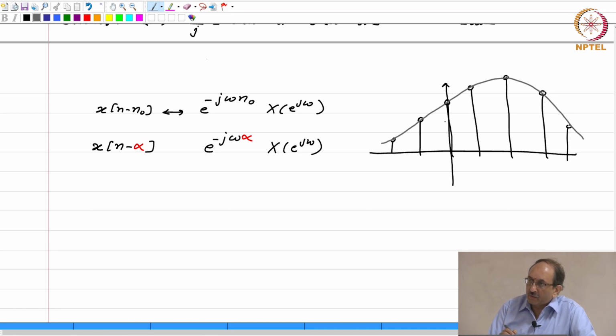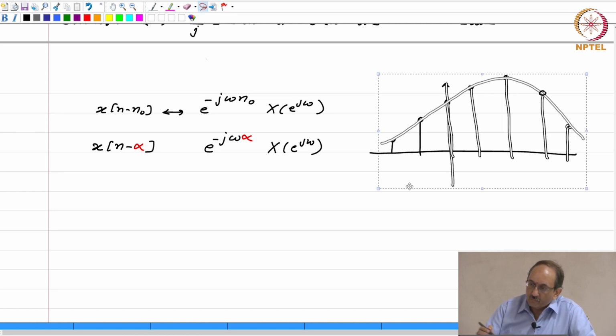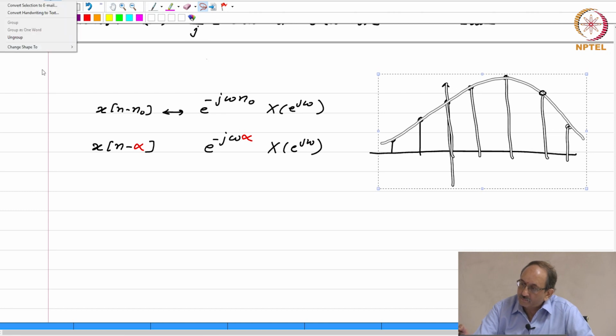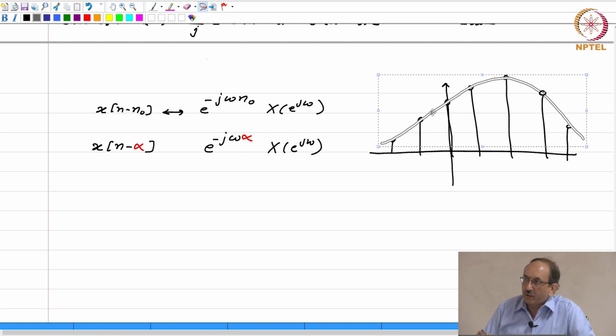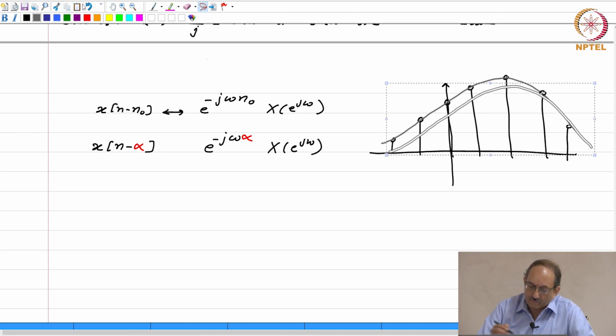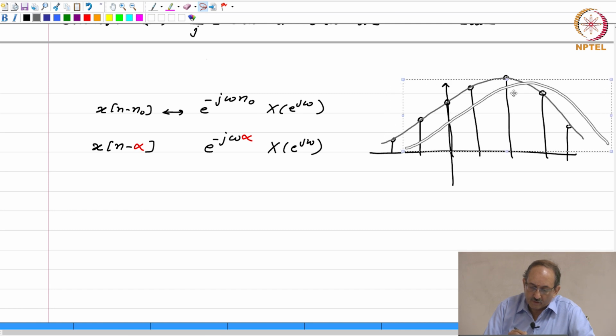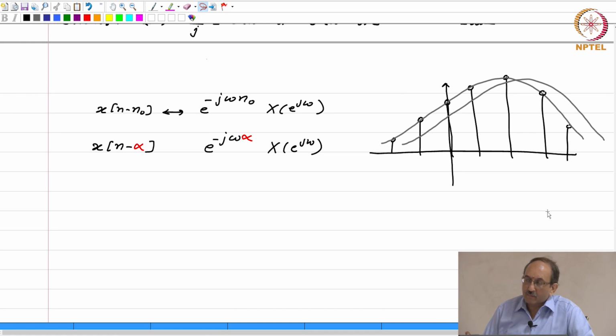And because the underlying signal is continuous, suppose you take this and then delay the underlying continuous time envelope by some amount. The point is, the underlying continuous time envelope can be delayed by any amount, not necessarily an integer number of samples.